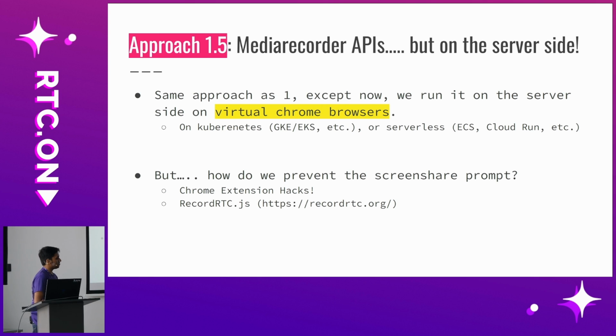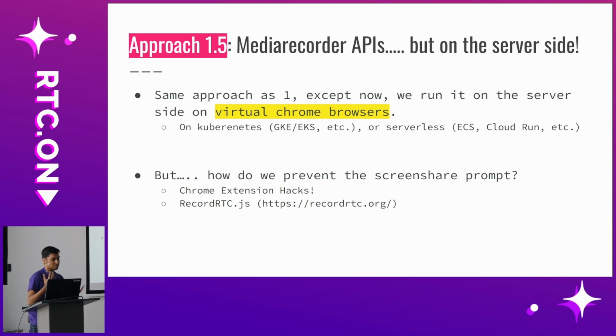We tried to move these APIs to the server side. The idea was very simple. You run virtual Chrome browsers on the cloud, and you can use any sort of hosting, like a VM on a cloud platform like K8s, ECS or Cloud Run.